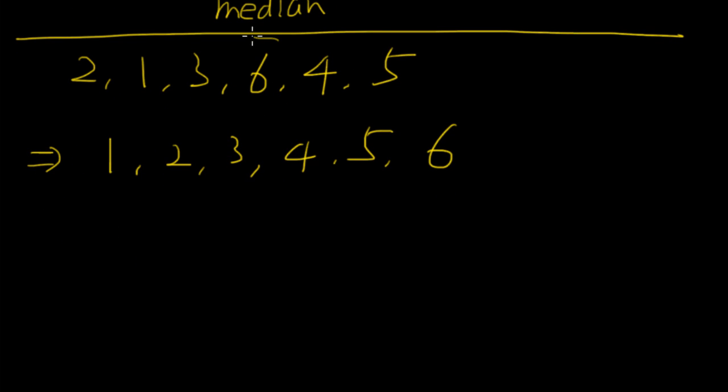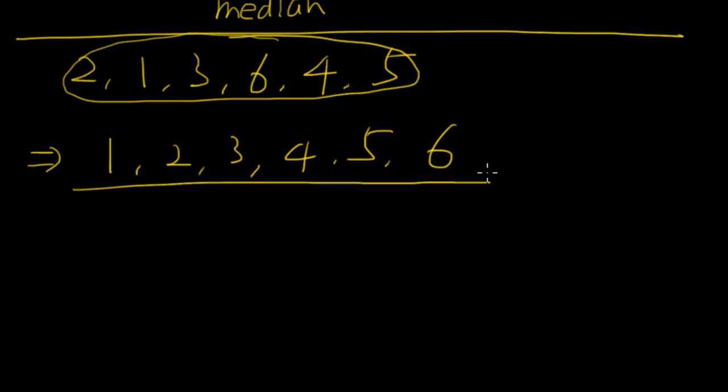This is the original data set. Then you rearrange it from 1 through 6 like that. The middle is supposed to be right between these two. This is the case where we have an even number of observations.